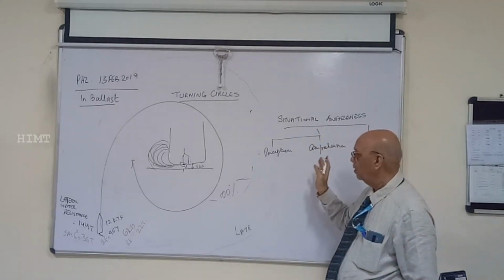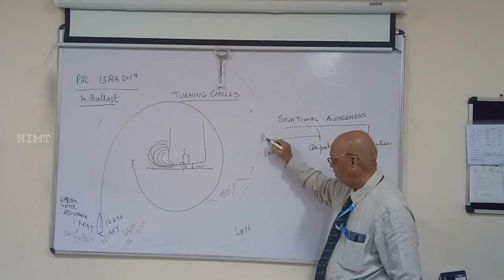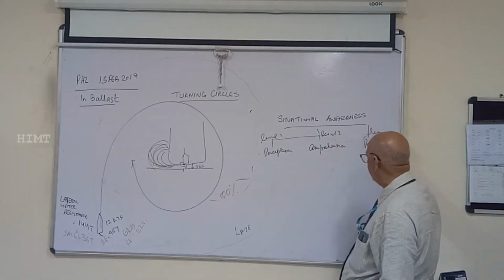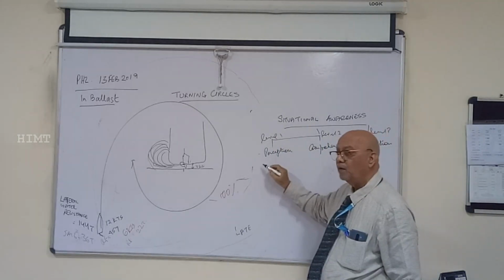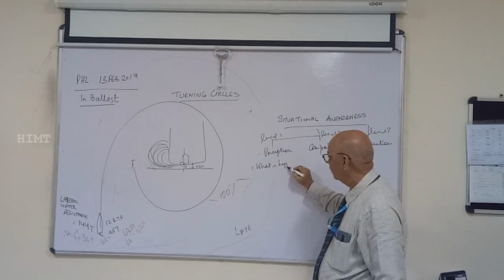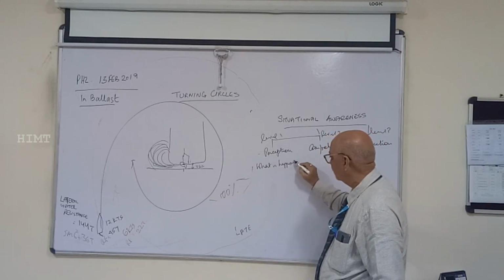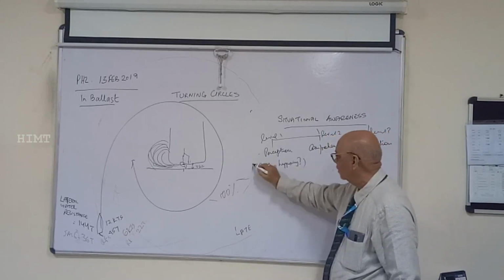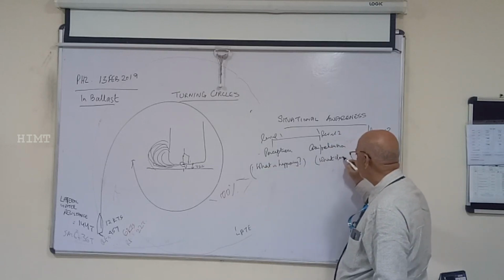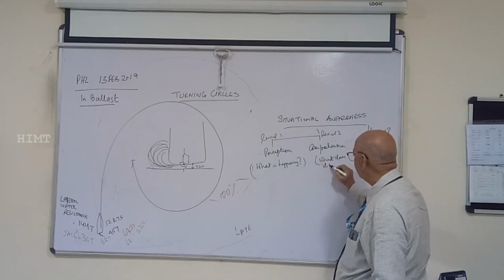Perception. This is level 1, level 2, level 3. What is happening? What does it mean?